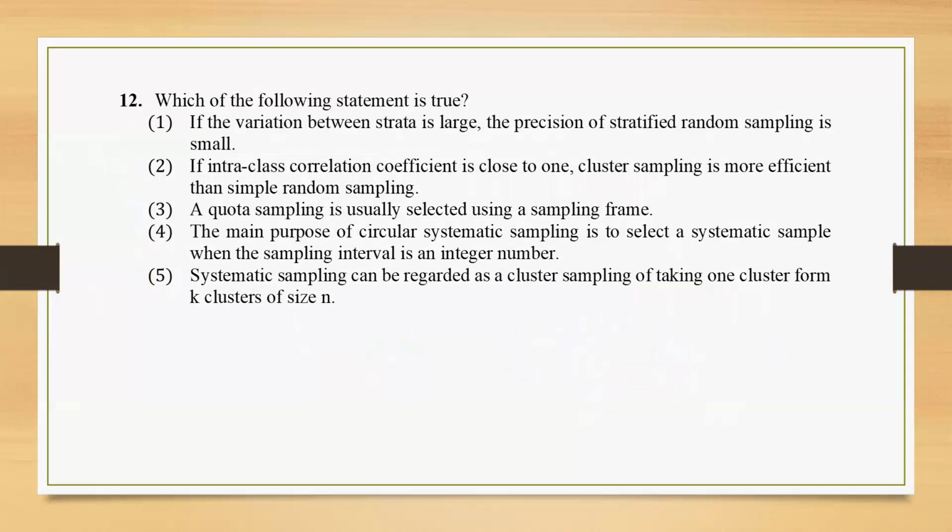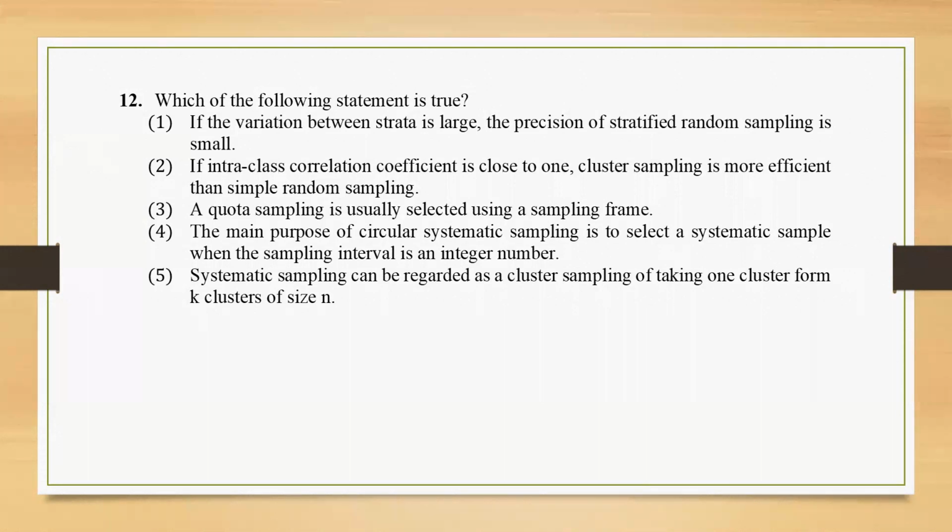12th one, right? 12. So here also we need to select the correct one, or which of the following statements is true. So there are also 5 statements. Let's consider the first one.